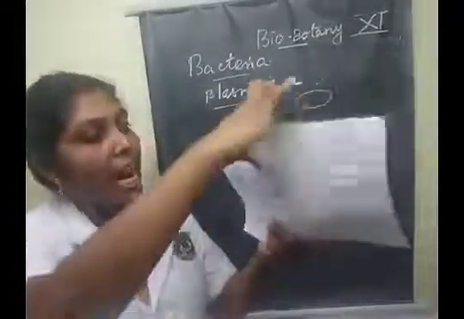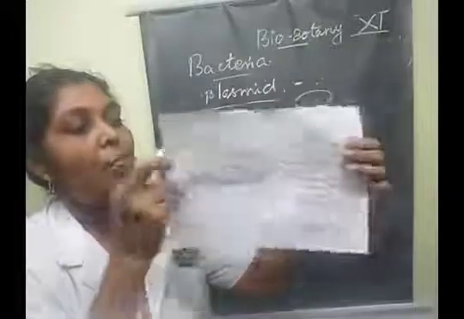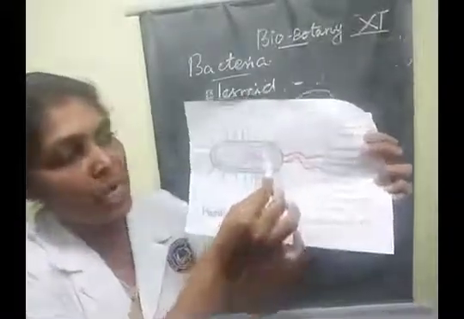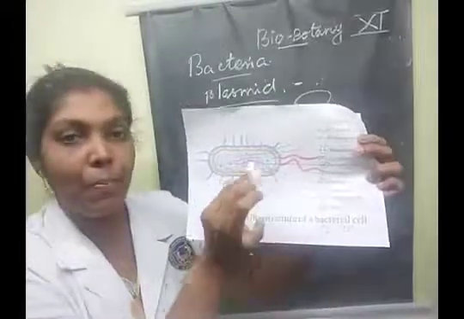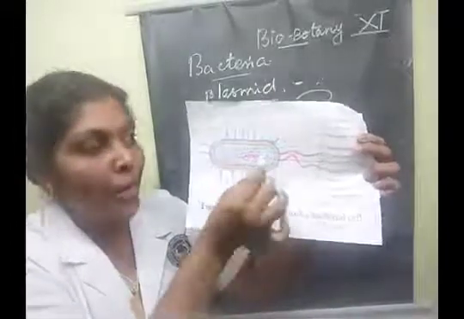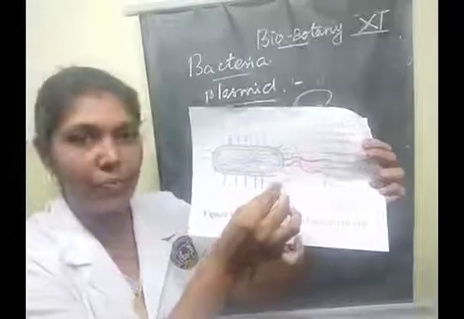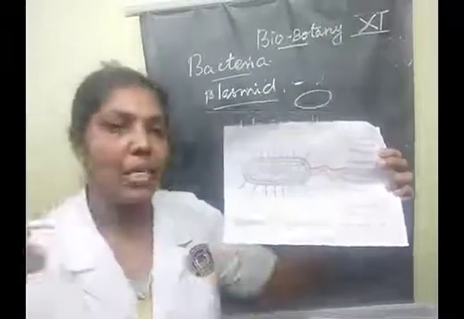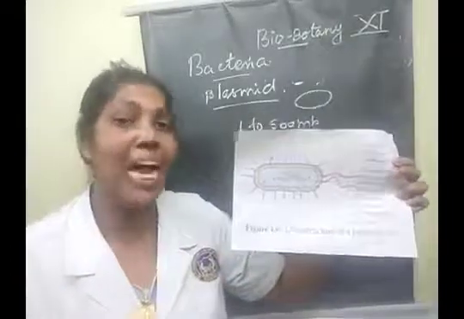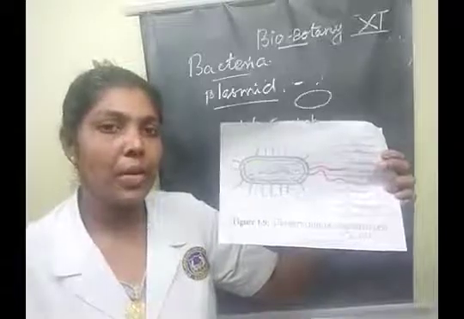Toxins and bacteriocins are produced only in the plasmid, not in the bacterial chromosome. So only in these regions are bacteriocins and toxins produced. Understood, children?